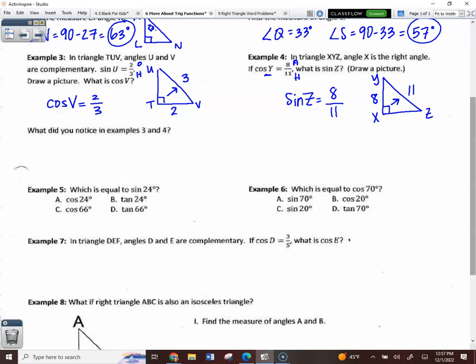There are 2 of these on the test tomorrow. Did you notice the answers in 3 and 4 were the same fraction that they gave you to start with? So what did you notice in 3 and 4? The sine of one angle equals the cosine of the other angle.